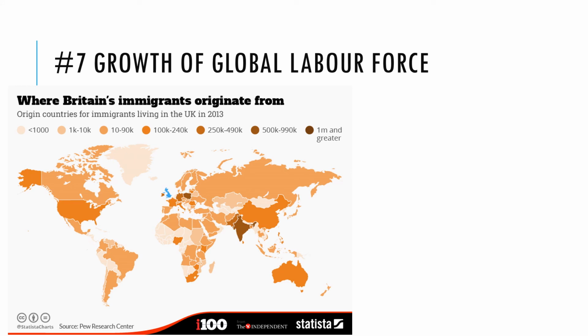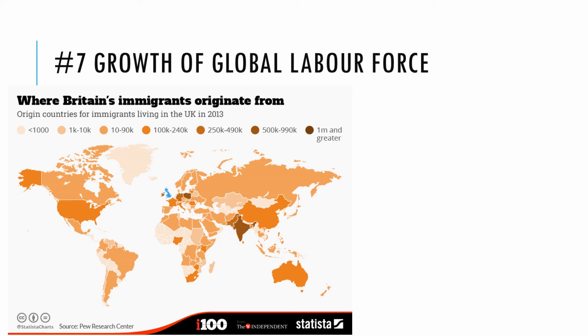Number 7 is related. It's the growth of the global labour force. So if you look at the labour force within Britain, you can see in this chart down here a number of those are economic migrants, so immigrants from other countries. So we can see large numbers perhaps from Poland or from India.